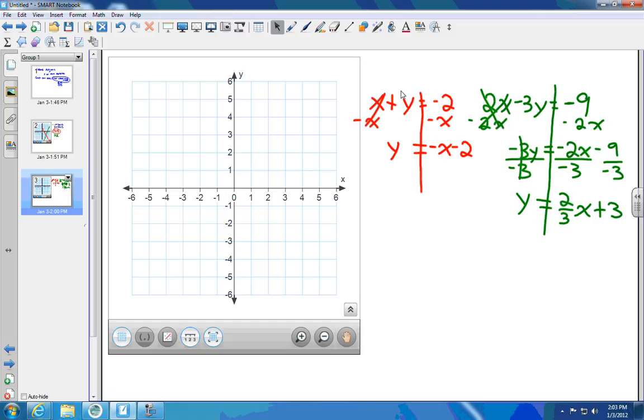Type negative x minus 2. Close. x. Now the maximum should be positive.